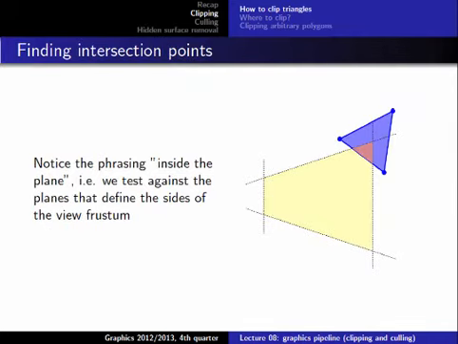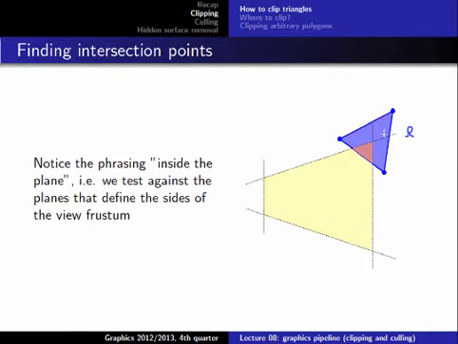And that is of course important, because you also have cases like this here, for example, where you say, okay, all the points are outside of the view frustum, but the triangle does intersect with the view frustum. But you see here, when you test this with respect to the left plane, and not the view frustum, but the left plane, then you see here, of course, that they are on different sides.